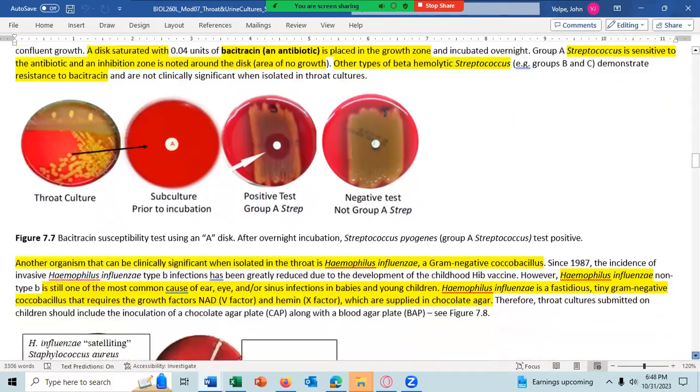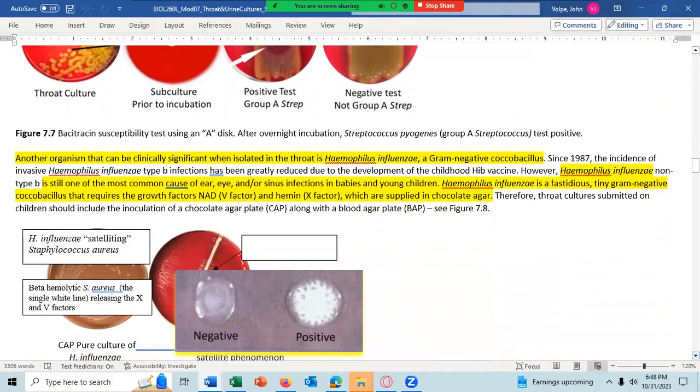All right, another organism that is clinically significant when isolated from the throat, particularly a throat of an infant or a small child, is Haemophilus influenzae, a gram-negative coccobacillus. Haemophilus influenzae is the most common cause of ear, eye, and sinus infections in babies and young children.